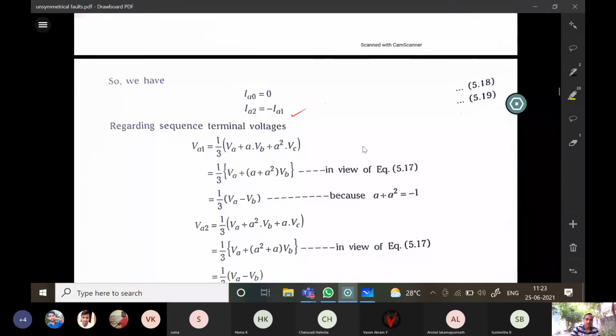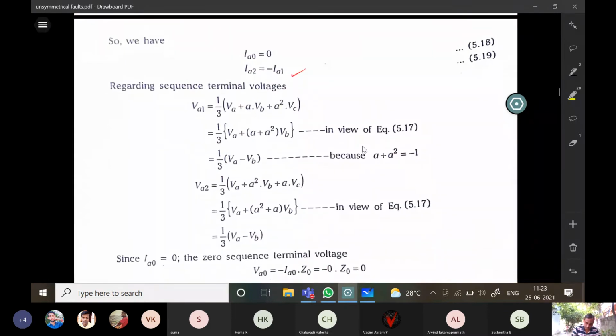Next we need to write the VA1 value and VA2 value. VA1 is 1 by 3 times of VA plus A VB plus A square VC. VA2 is 1 by 3 times of VA plus A square VB plus A into VC. Some modification we have to do here: we will write VA1 minus VA2.